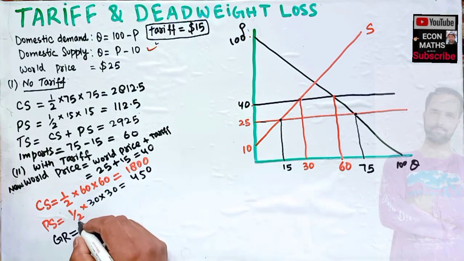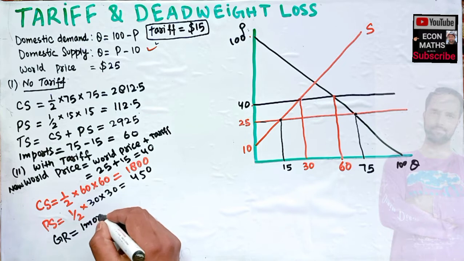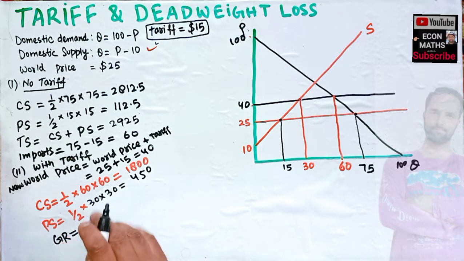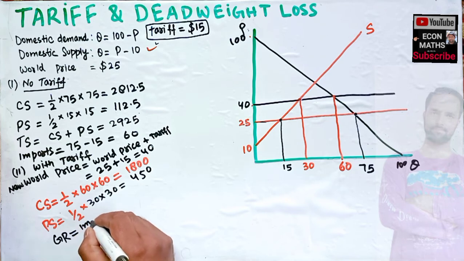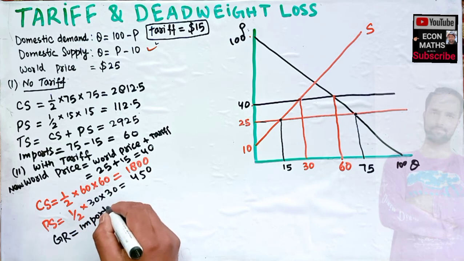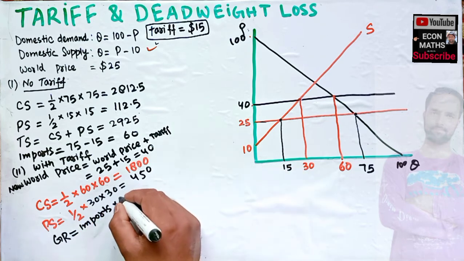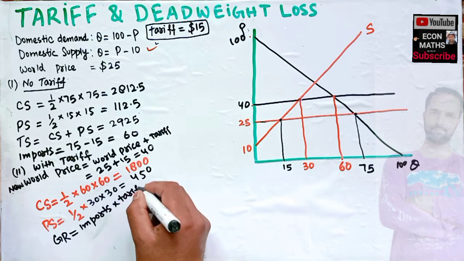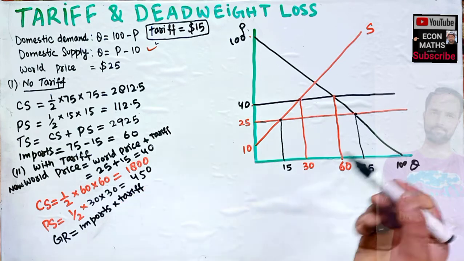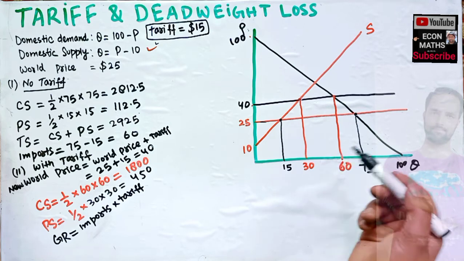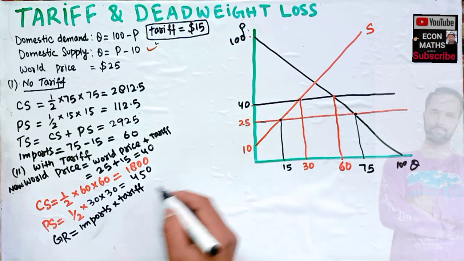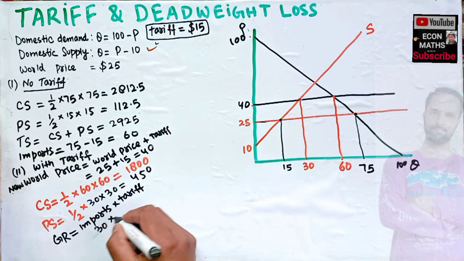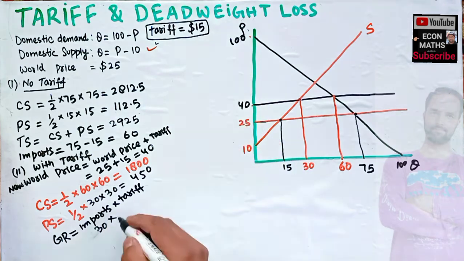Government revenue is simply imports times the tariff rate. Now how much is being imported? This very stuff, 60 minus 30. So this is 30, and what is the tariff rate? That's 15.